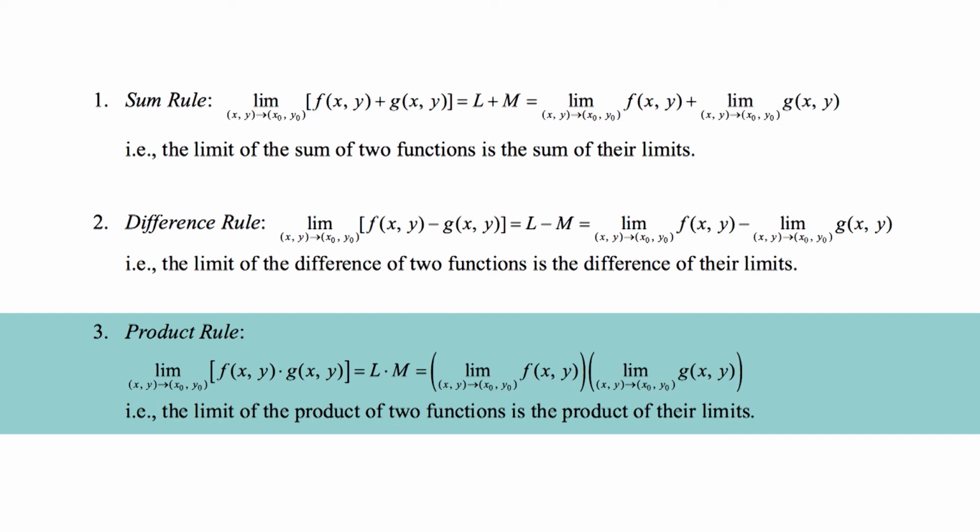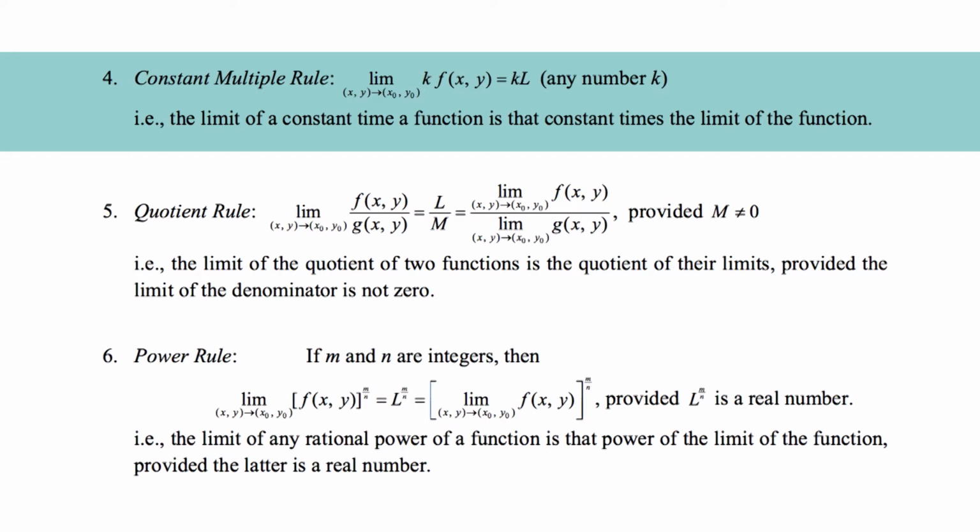That is, the limit of the product of two functions is the product of their limits. Constant multiple rule: the limit of k times f(x, y) is equal to k times L, where k is any real number. That is, the limit of a constant times a function is that constant times the limit of the function.